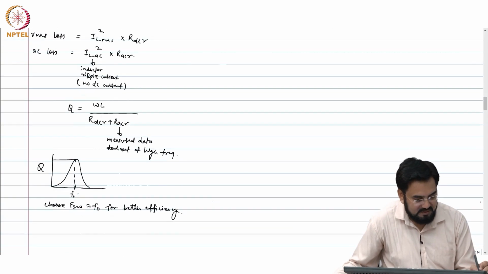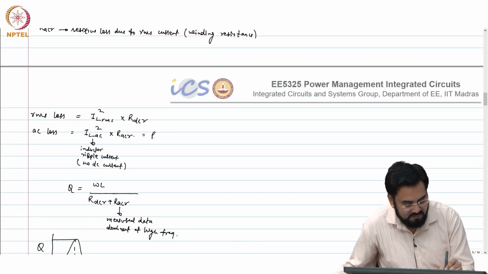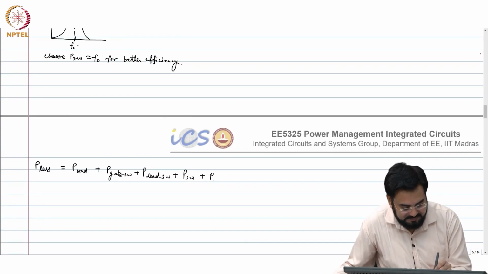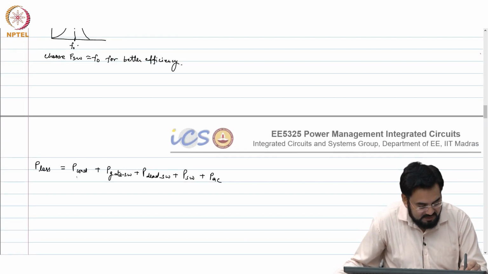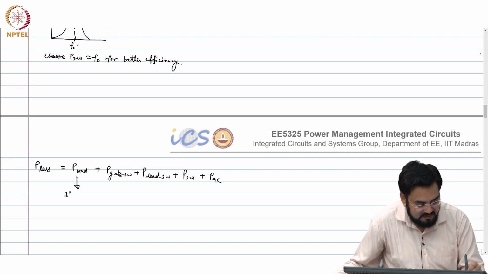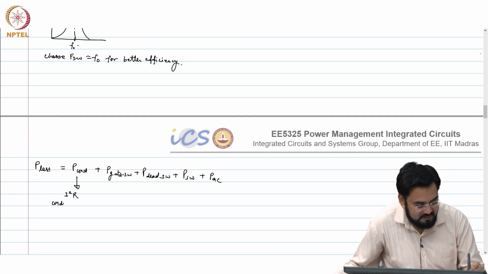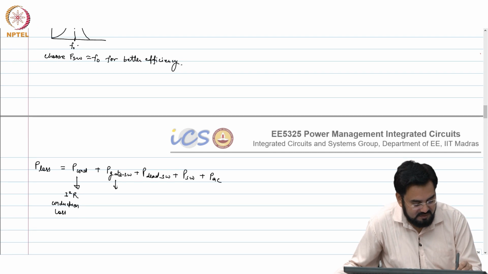So, let us give it some name. Okay. PAC. So, this is your I square R component, which is nothing but conduction loss. This is your CV square F, gate driver loss.